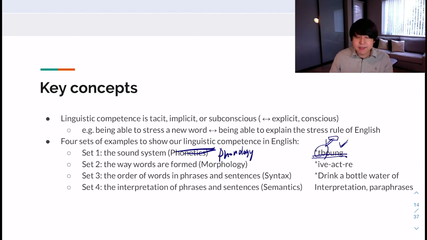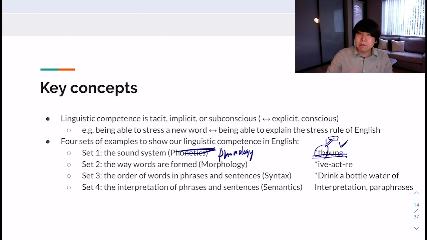The next level is morphology. Morphology is a level where words are formed from different morphemes, different smaller parts of words. So you know the word "reactive" consists of three components: re, act, and ive. Re is a prefix, ive is a suffix. A prefix always comes before the root, and a suffix comes after the root.